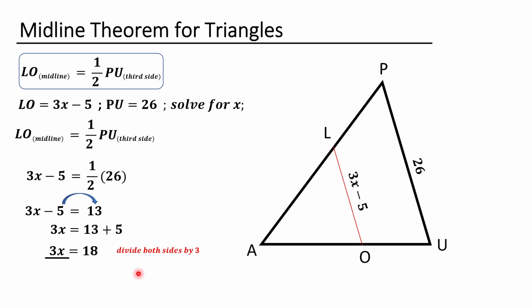I'm using red so you know that we divided to solve for x. So, 3 divided by 3 is equal to x. Right? That is equal to 18 divided by 3, and that is equal to 6. So, therefore, x is equal to 6.